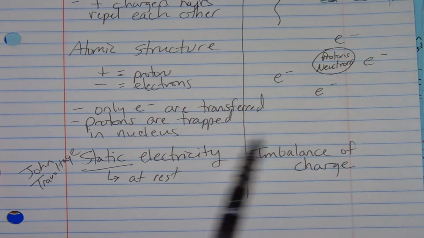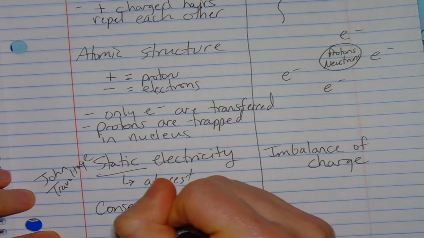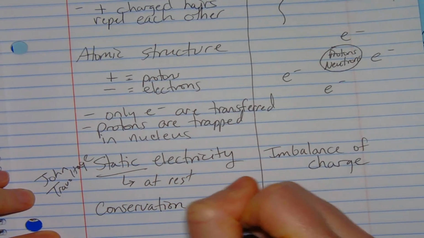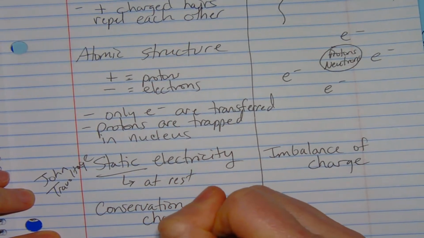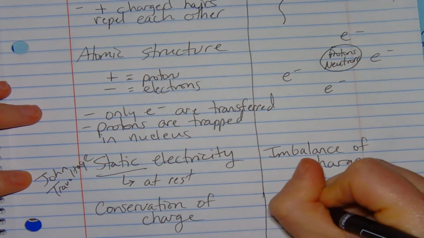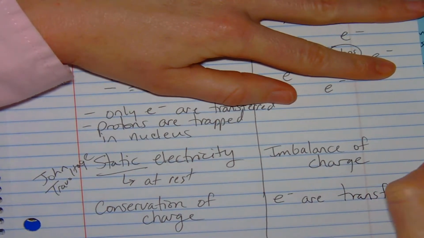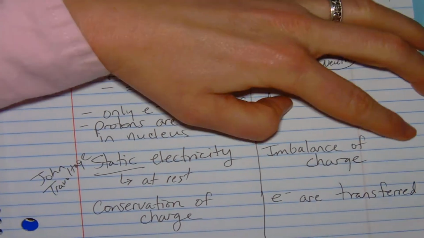So this process creates static electricity, but no matter what, we see the conservation of charge hold true. What conservation of charge says is that electrons are transferred, so you can move them between objects just like we can move energy around.